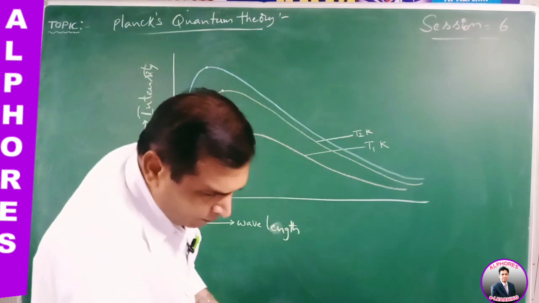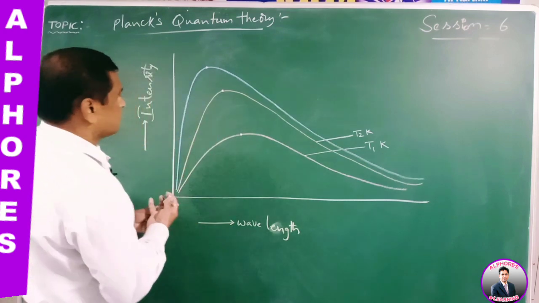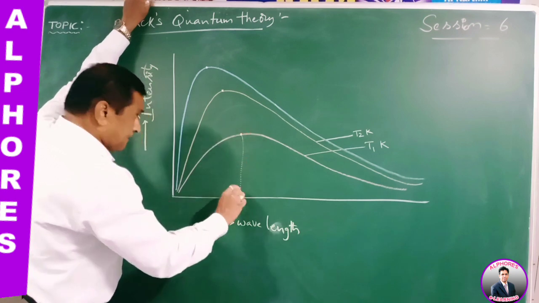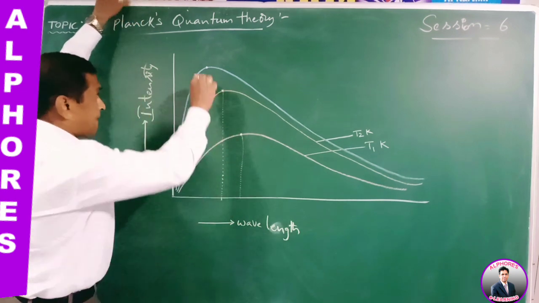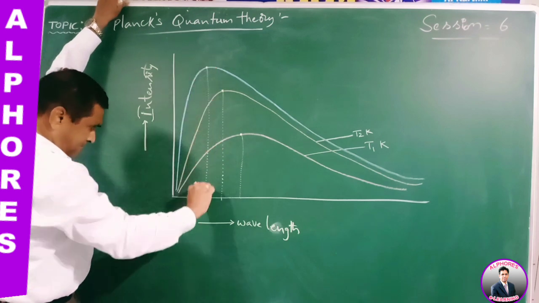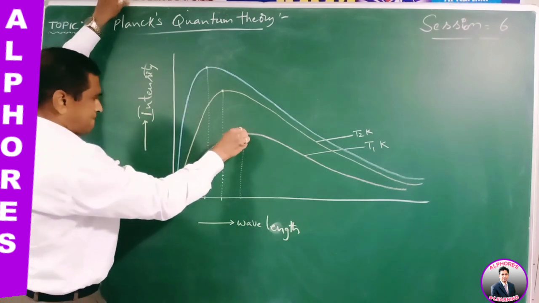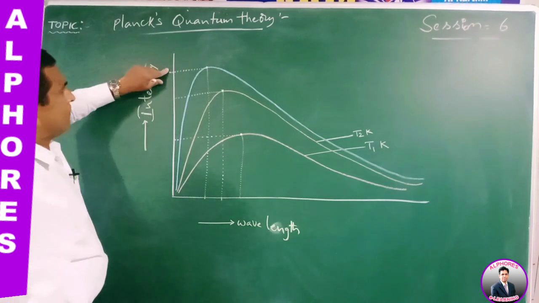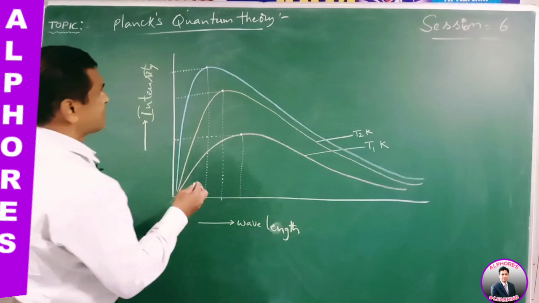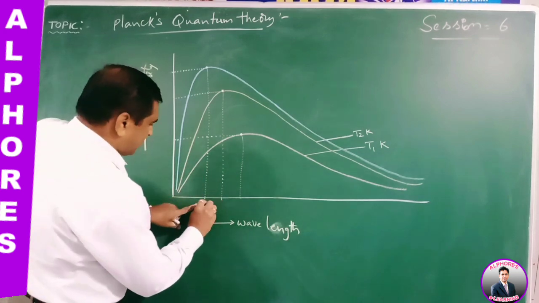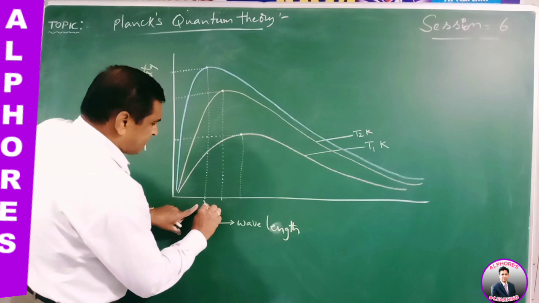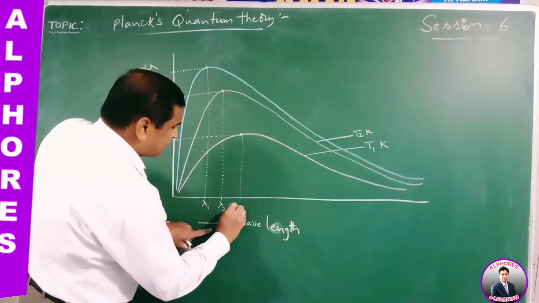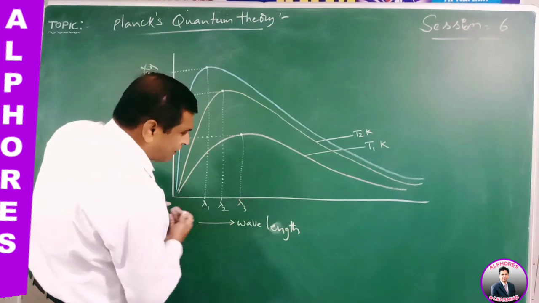So now the wavelength of this point, say it is lesser wavelength lambda 1, then wavelength increases, lambda 2, and it is lambda 3, wavelength increases.